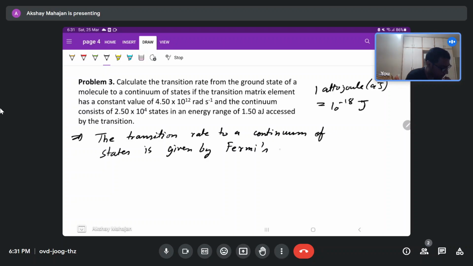Right, so we are going to use the Fermi golden rule. We derived it using the continuum states, like the initial states and the final states. They are in a continuum. So it is a similar problem, and we will use the Fermi golden rule.